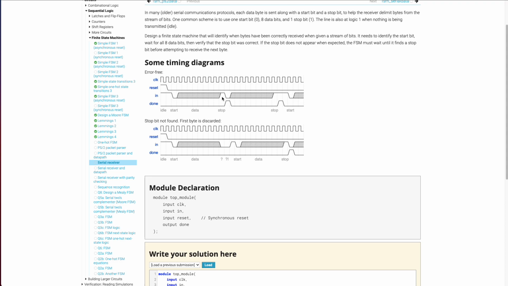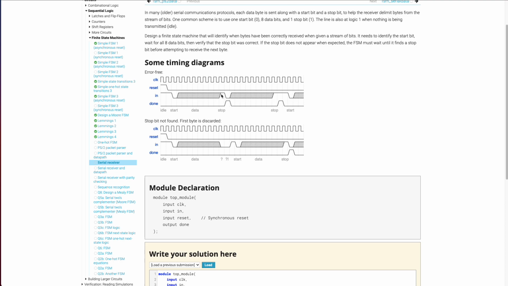If I'm at data and this next cycle is like stop, well, yeah, detect this next cycle is stop, and then stop, I assert this.